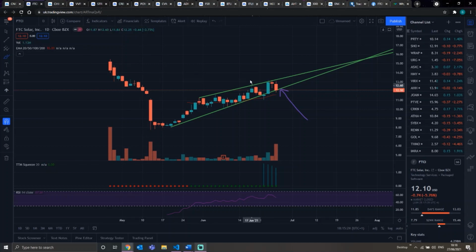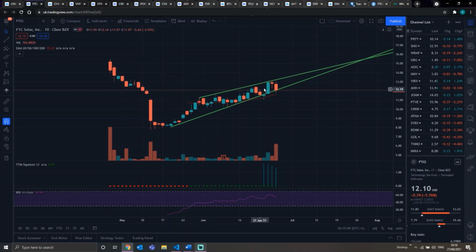But even the people on the other side of the trade from us, they don't know what's going to happen with it. So both sides of the playing field have to work out why it is where it is and why it's going to go somewhere next, rather than the chart telling us why. So they need to do other things to work out what's happening, why it's happening.